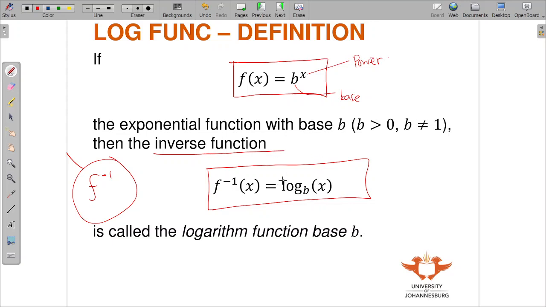So the inverse function of this exponential function is what we call the logarithm function to base b. So we have log x to base b, where b is the base. Take note of that.